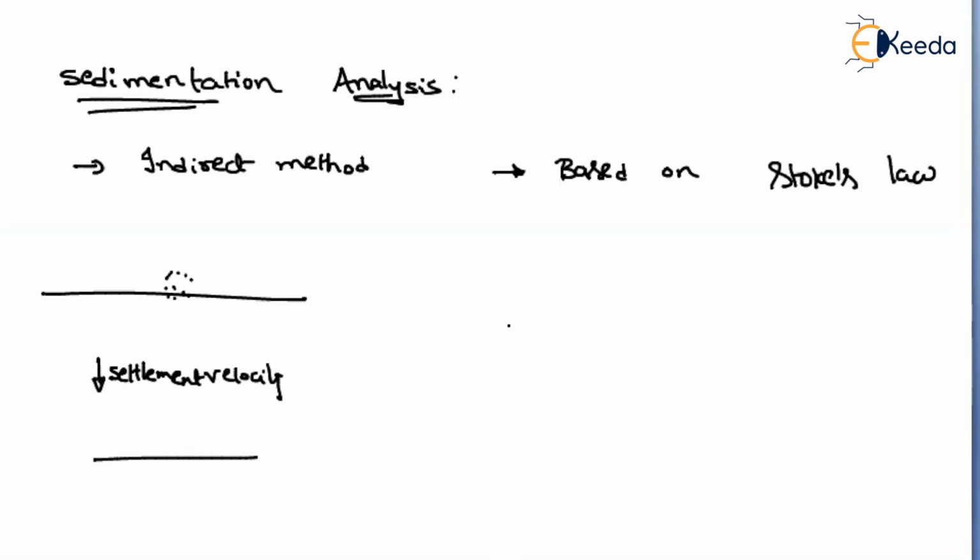So in general, the settling velocity is nothing but Vs = g/18 × (S − 1) × d² / γ. Vs is the settlement velocity, g is the acceleration due to gravity, S is the specific gravity of the particle, d is the diameter of the particle, and γ is the kinematic viscosity. So from this relation, we can say that the settling velocity is directly proportional to d².